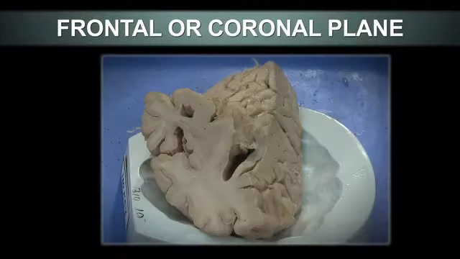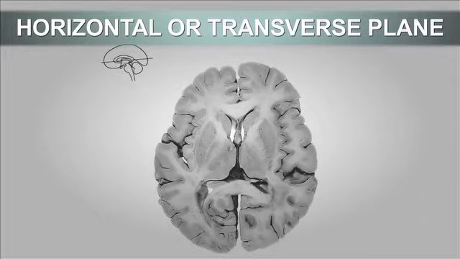If the brain is cut and divided into anterior and posterior parts, that is a frontal or coronal plane. Lastly, a plane that divides the brain into upper or superior and lower or inferior regions is a horizontal or transverse plane.